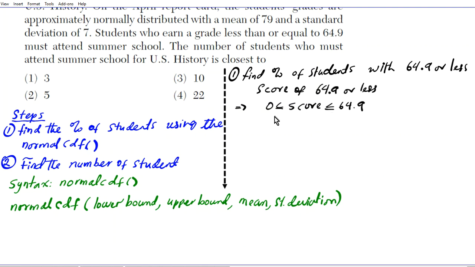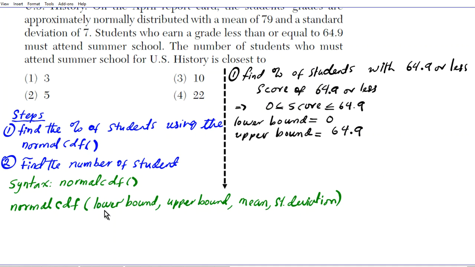Okay? So with this interval, we can determine what our upper and lower bounds are. Our lower bound is 0 because you cannot have negative scores on a test, right? Alright, lower bound is 0, and then your upper bound is 64.9.